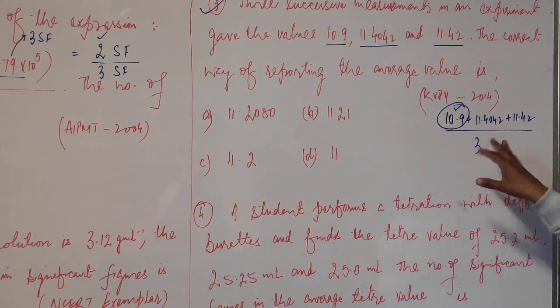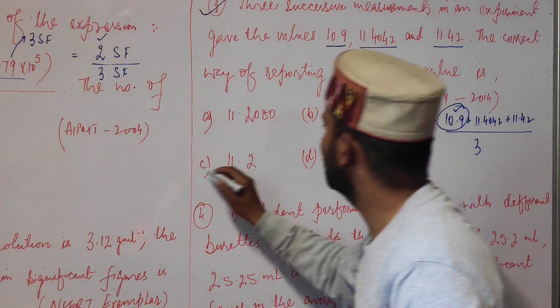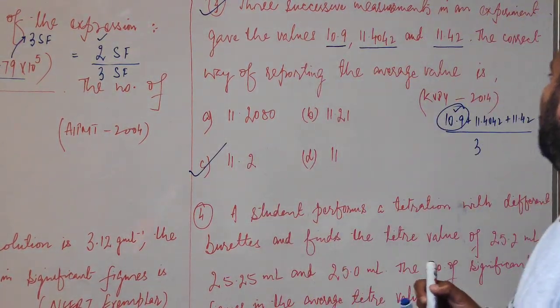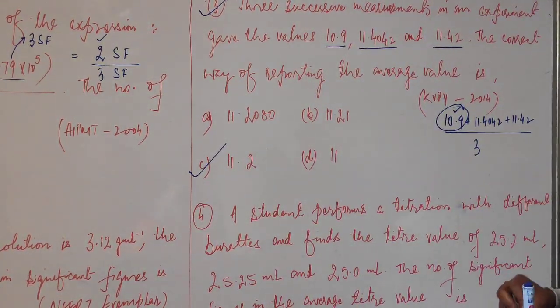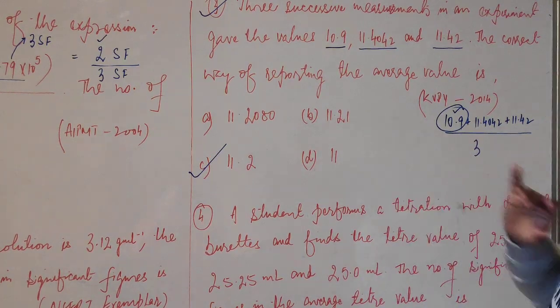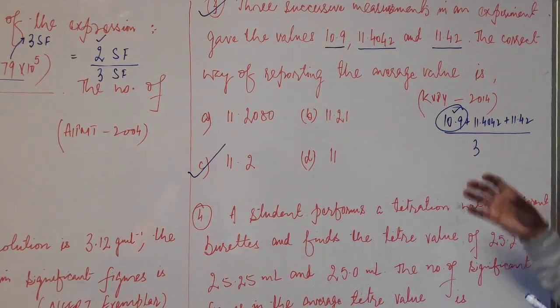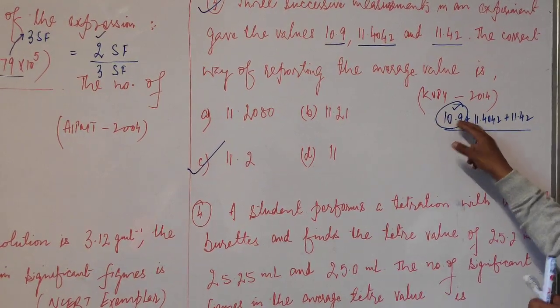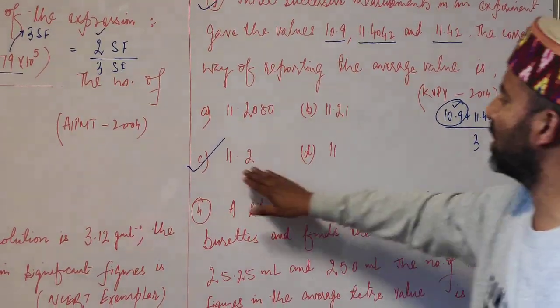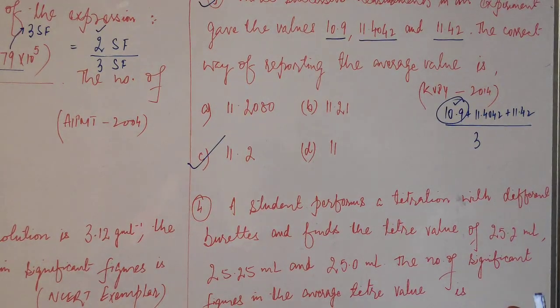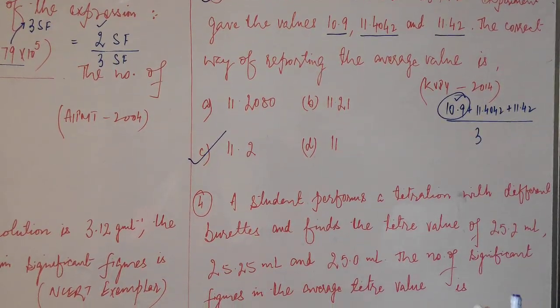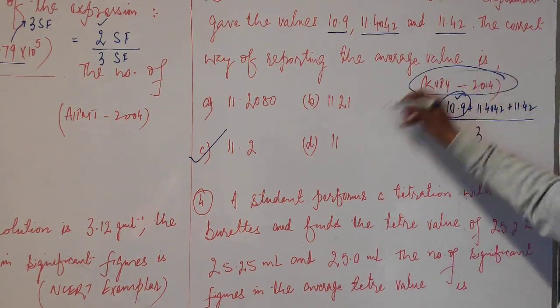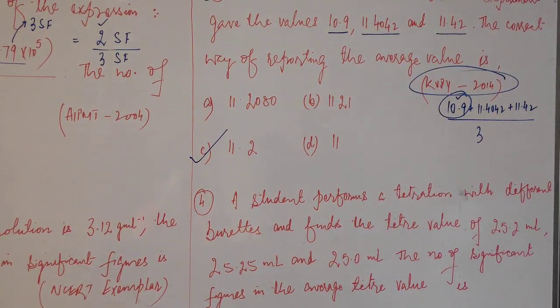Therefore the average reported up to minimum decimal places will be 11.2, because we need to report this answer up to 1 decimal place only, or we say this has only 3 significant figures. And students, this question was asked in KVPY exam 2014.